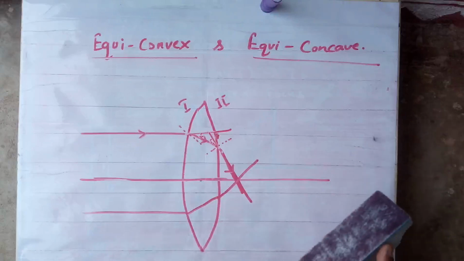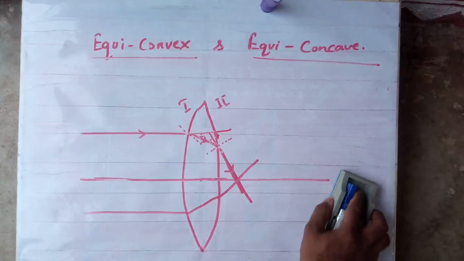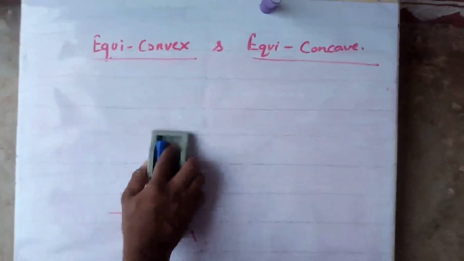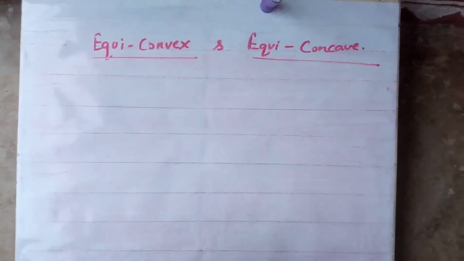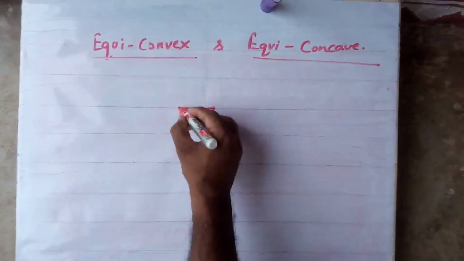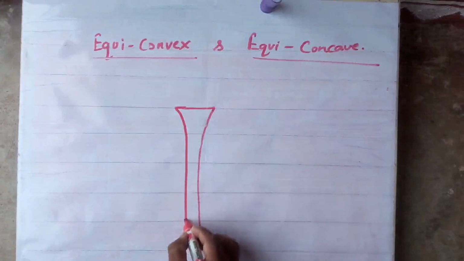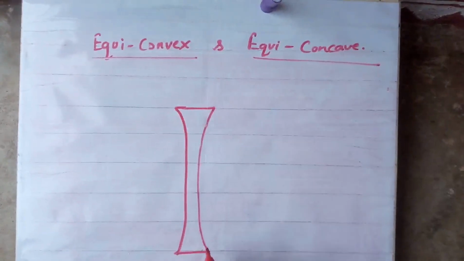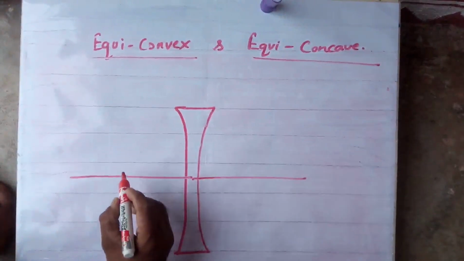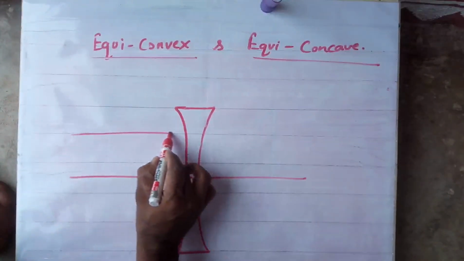Let us see the same thing for a concave lens. This is a concave lens. This is the principal axis. A ray came parallel to the principal axis.